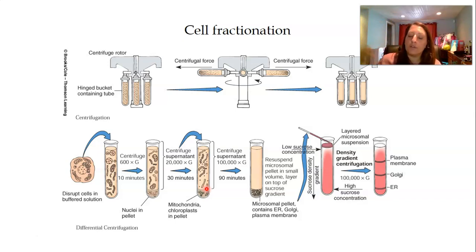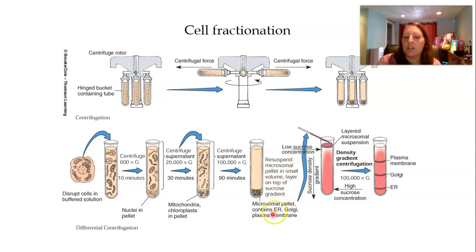Okay, we can go further and further. We can isolate each component part of the cell in this fashion. When we get to membranous parts of the cell, so the endoplasmic reticulum, the Golgi, which are structures that we're going to talk about, the plasma membrane, microsomal pellet, we can separate out these pieces as well using something called a sucrose density gradient.